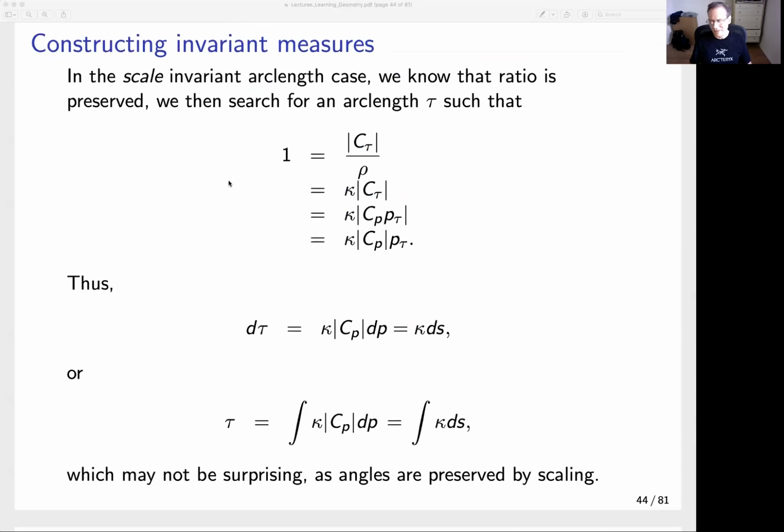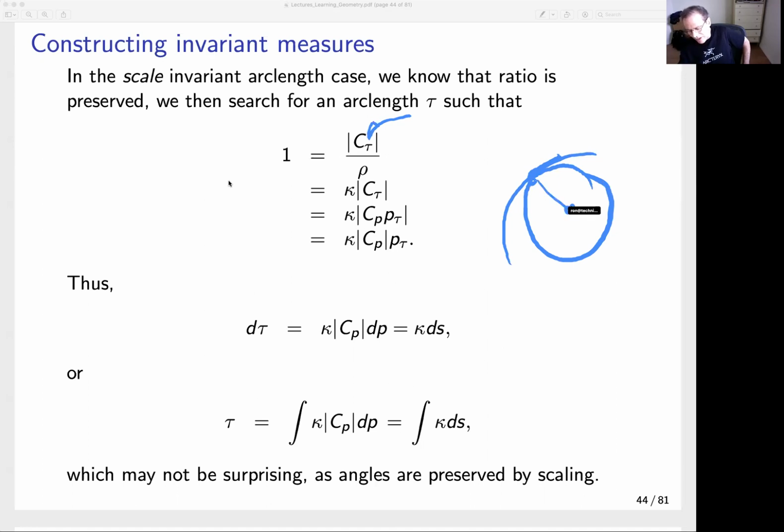The next one is what we call scale invariant or similarity. Now let's look. I'm looking for my parameterization tau such that it would be invariant to scaling of my curves. So what I would like to have is a way of measuring distances so that the ratio between how I travel on the curve and the radius of the osculating circle would be 1.